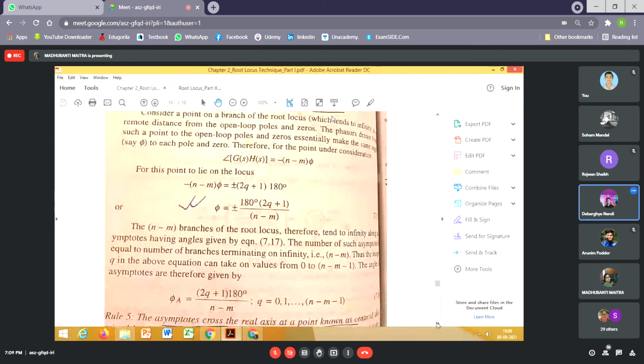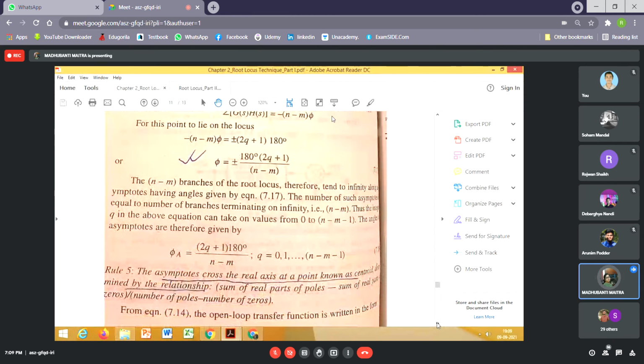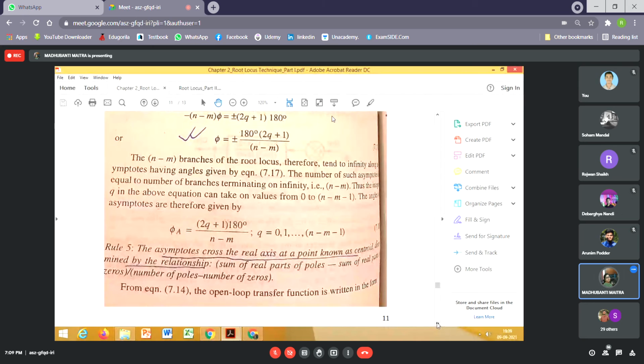Yes, ma'am. So, hence the next rule, that is, the asymptotes will cross the real axis. All the asymptotes will pass through a single point located on the real axis, and that point is called the centroid.